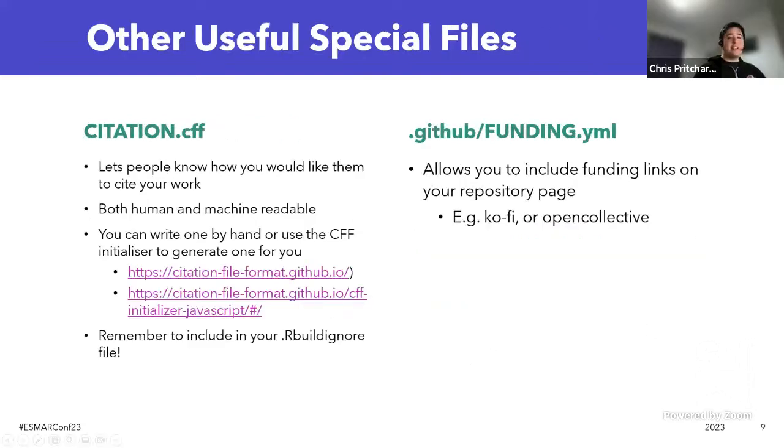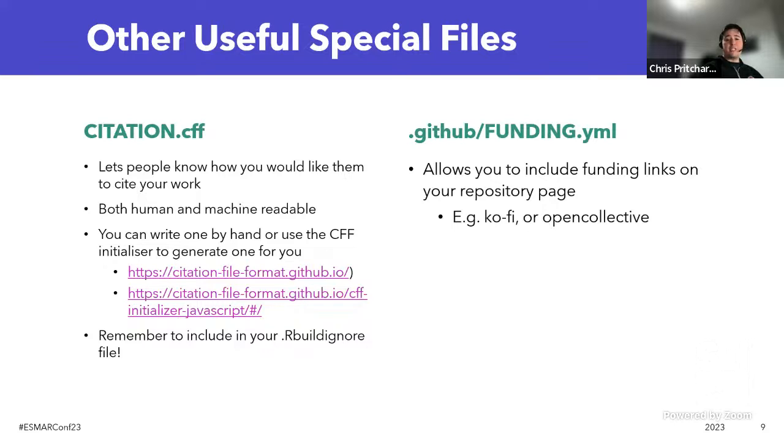So the next few special files that are useful. We'll talk about citation.cff. This is a file that you put in the root of your project, so in the main directory, not under any folder, and it lets people know how you'd like them to cite your work.